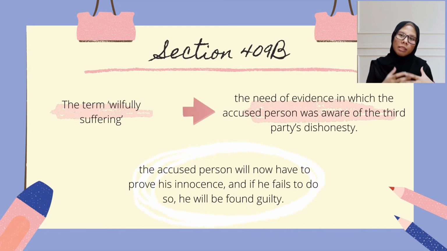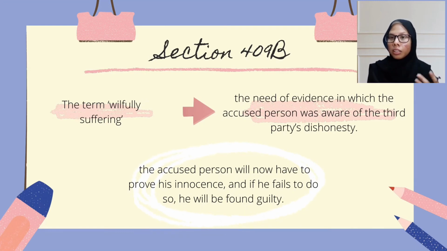But there isn't any explanation of what constitutes the dishonesty of the third party, because there should be a right way or procedure in handling the involvement of the third party in criminal breach of trust, which needs more explanation in terms of procedure or legislation in this section. Instead of focusing the offence only on the accused person, the same treatment should be given to the third party as well in determining the intention or act of the third party, whether it is considered dishonest or not.